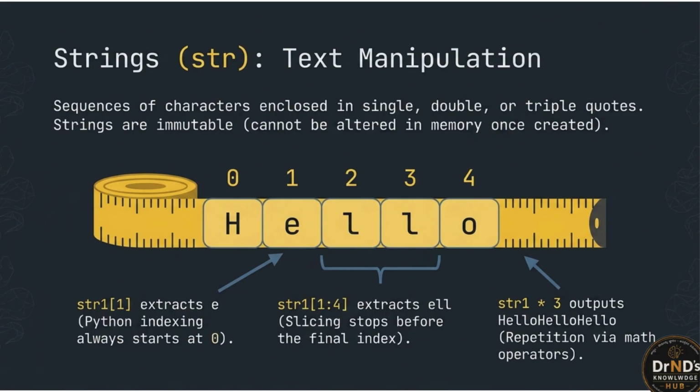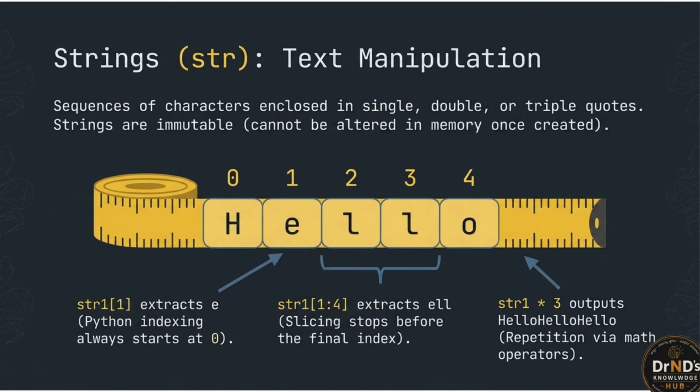But what if we want to store text? For example, a patient's name, a medicine name, a hospital name, or even a complete sentence. To store textual information, Python uses the string data type represented as str.